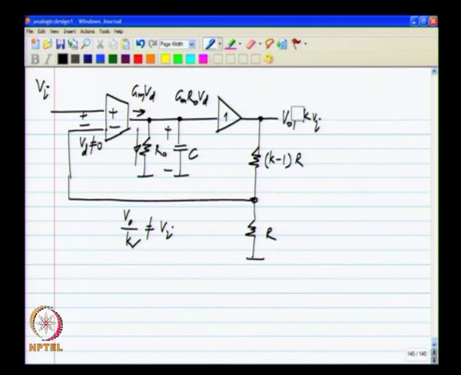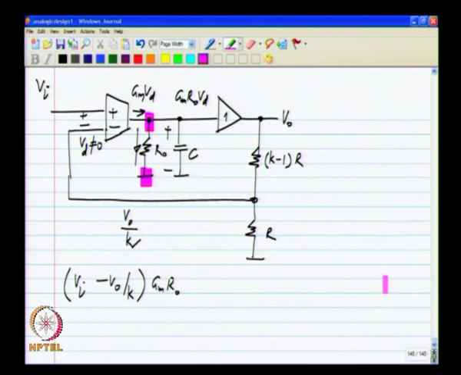Let us say V naught is of some value and this is at V naught by k, and Vd equals Vi minus V naught by k. And that times GmRo is the voltage developed across the resistor, and that is the same voltage that is given out as Vout. So, this is equal to V naught.